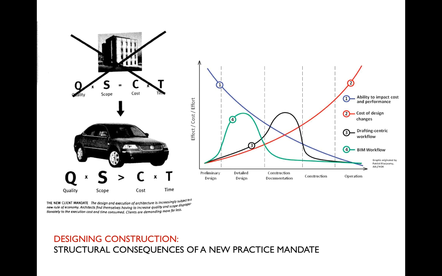If we're able to make good decisions in preliminary design and in detailed design, which with building information modeling these days we generally can, we're putting our effort where it can do the most good, right? Where it can be the smartest. No longer are we spending 50 or 60% of our work as architects in documentation. We're letting the software do a lot of that for us, and therefore we can really apply our knowledge much earlier in the process.